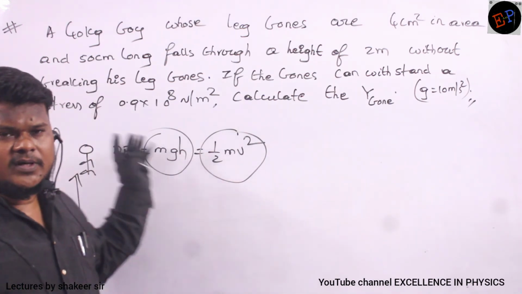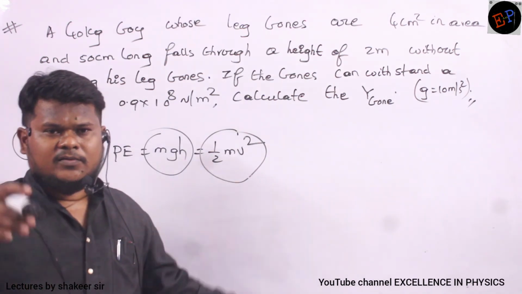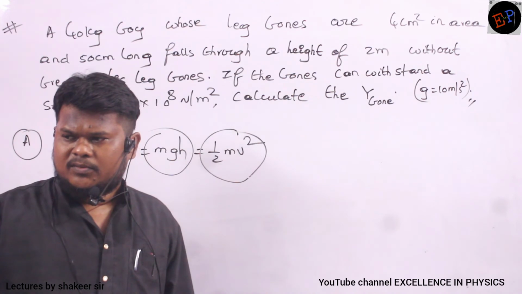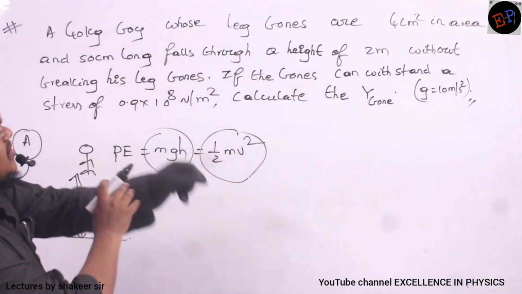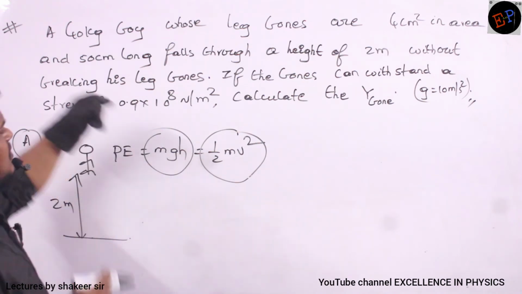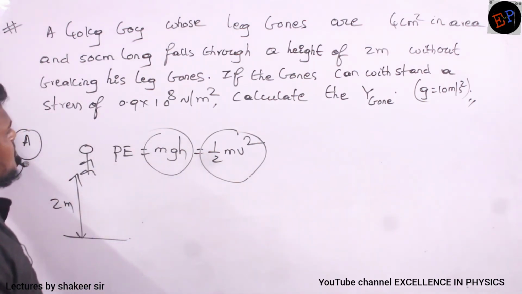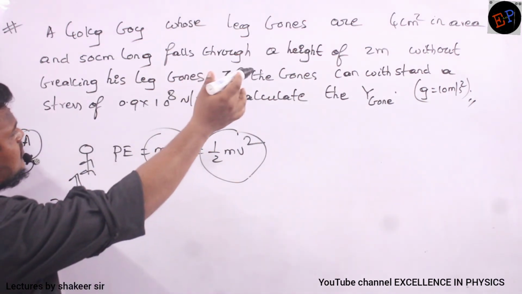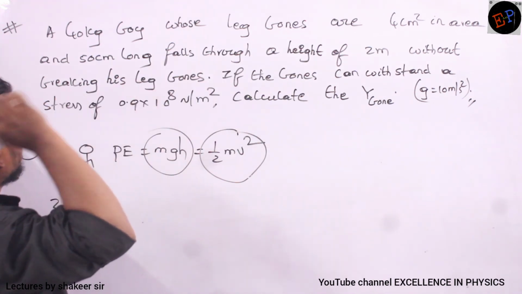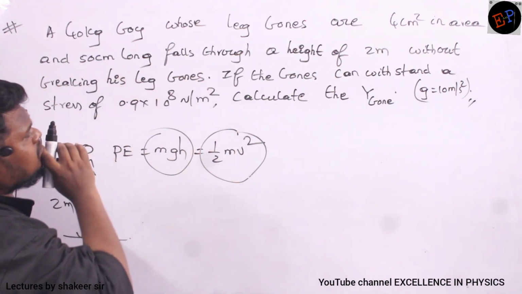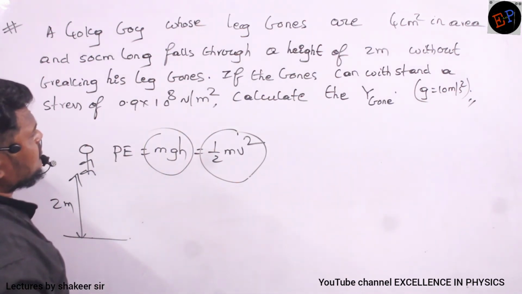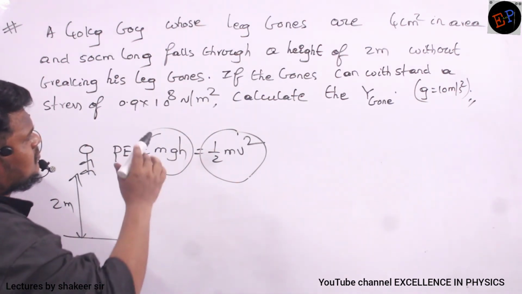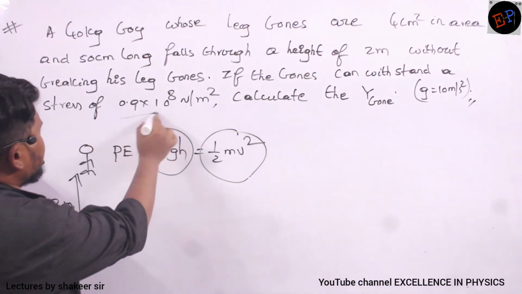Are you able to understand how we are applying the law of conservation of energy? One form of energy is converted into another form of energy. So therefore, what is the data which he gave? Young's modulus of the bone, area, and length are given, the height is given as 2 m, and stress is given.